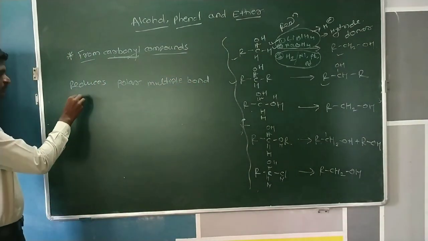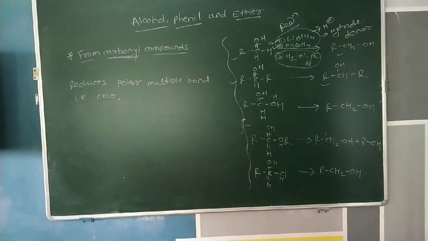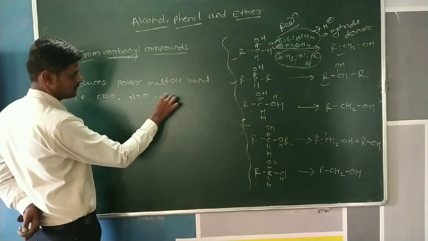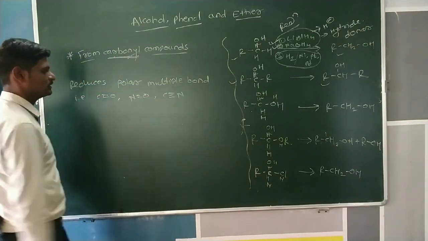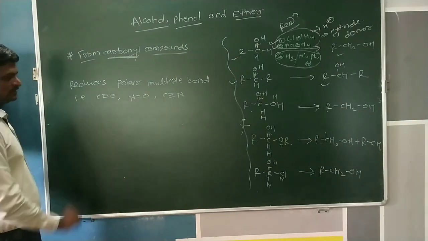For example, consider carbon double bond oxygen. It is reduced by using lithium aluminum hydride. Second example, nitrogen double bond oxygen. Third, carbon triple bond nitrogen. These polar multiple bonds are reduced.